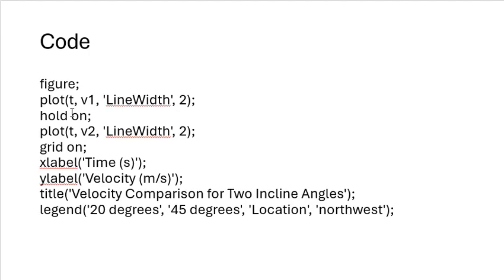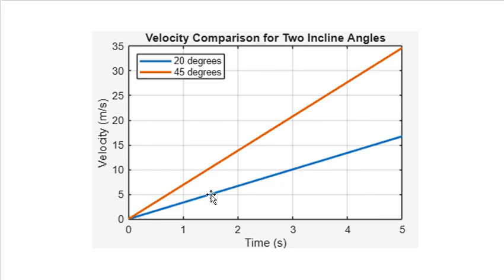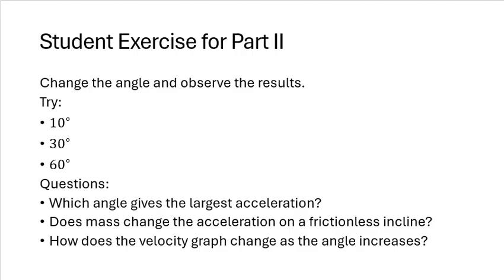Then plot it, and since you have 2 already, make sure you hold on and plot V3 down there. It's going to show you 3 lines instead of 2. Change from 2 to 3 inclines, and then add 1 more degree right there. That's all you have to do, and you will have 3 lines instead of 2. All right, that's it for part 2.